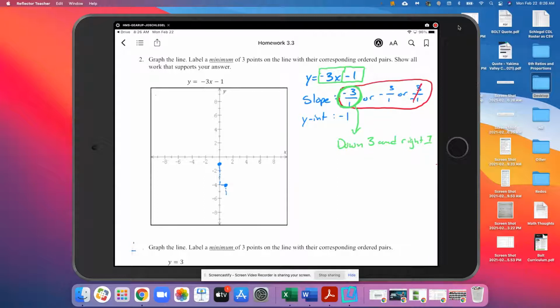And then again down 3 and to the right 1. And then I could do it again down 3 and to the right 1. This is my personal preference for doing this, folks. If you choose to do it by putting in values and solving the equation over and over again, good for you. Go ahead and do that.